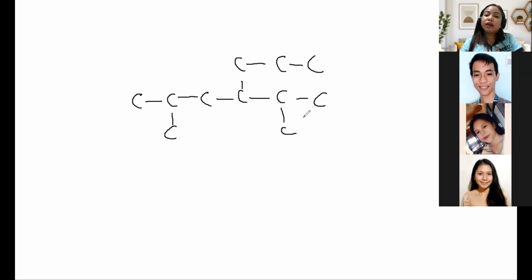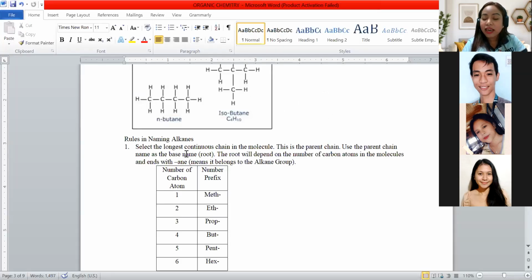Now, our first rule in naming is to select the longest continuous chain in the molecule. This is called the parent chain. Use the parent chain name as the base name or the root. The root will depend on the number of carbon atoms in the molecule and ends with ANE, meaning it belongs to the alkane group.